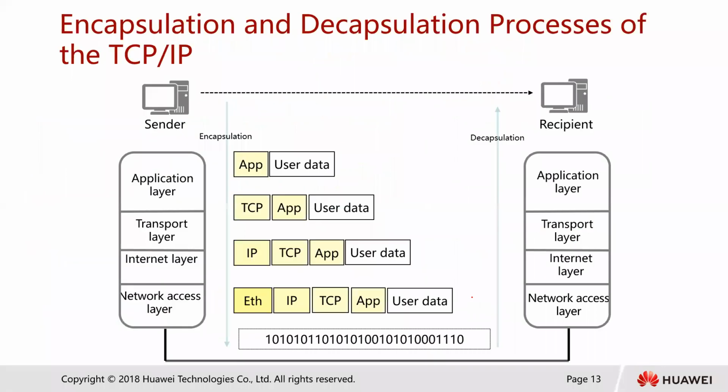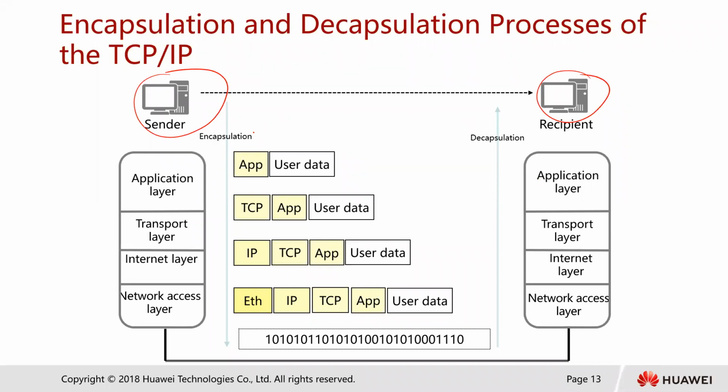So moving forward, we want to look at the encapsulation and decapsulation process of the TCP/IP. We have our sender here and we have our recipient. The sender submits the user data to the application layer, which then sends the data to the destination. The encapsulation process goes through all these processes which we are going to talk about now.